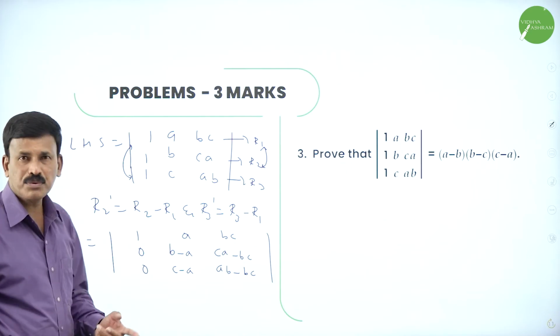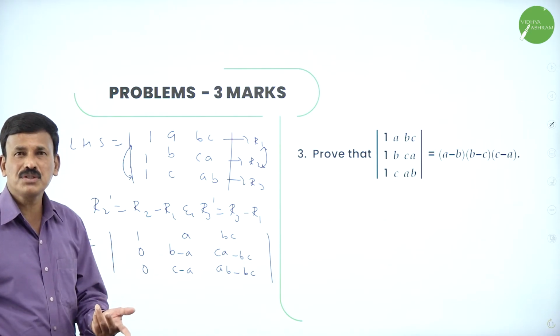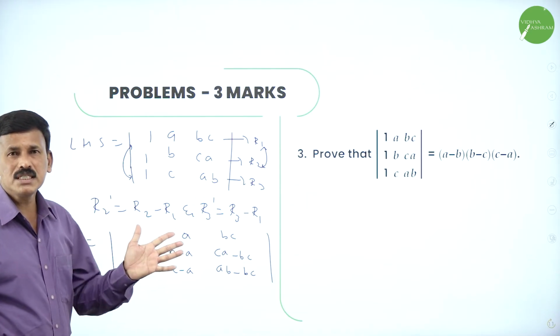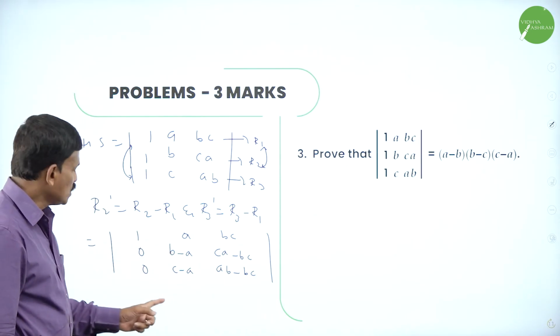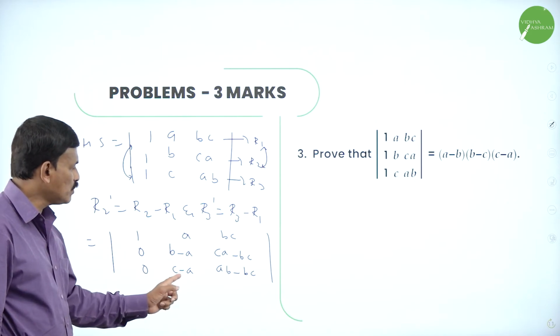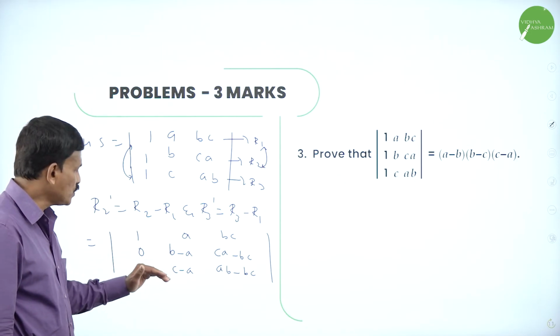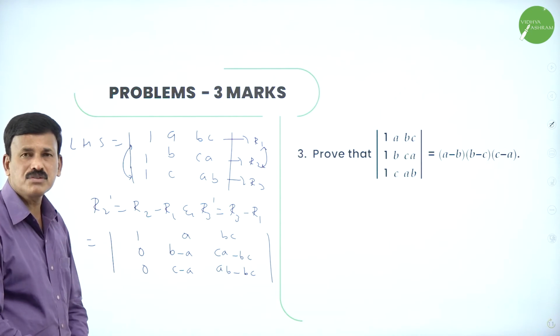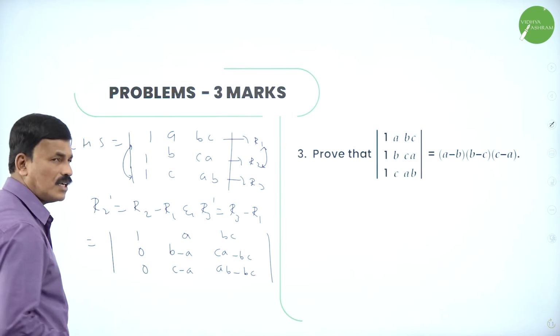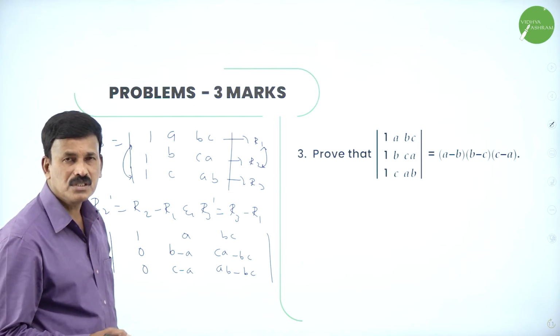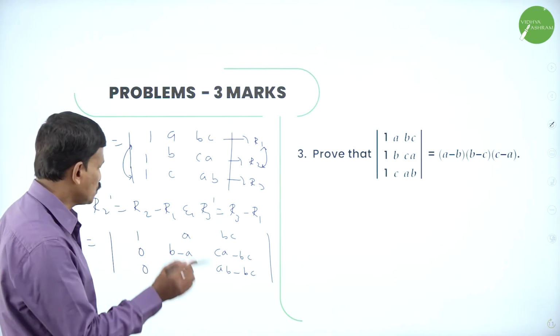According to a property, if all the elements above or below the principal diagonal are zeros, then its value is equal to the product of the principal diagonal elements. Convert this c minus a to 0, that's all. So for this, let us observe, is it possible to take any common factors? I will copy this to the next page. So let us go to the next page.